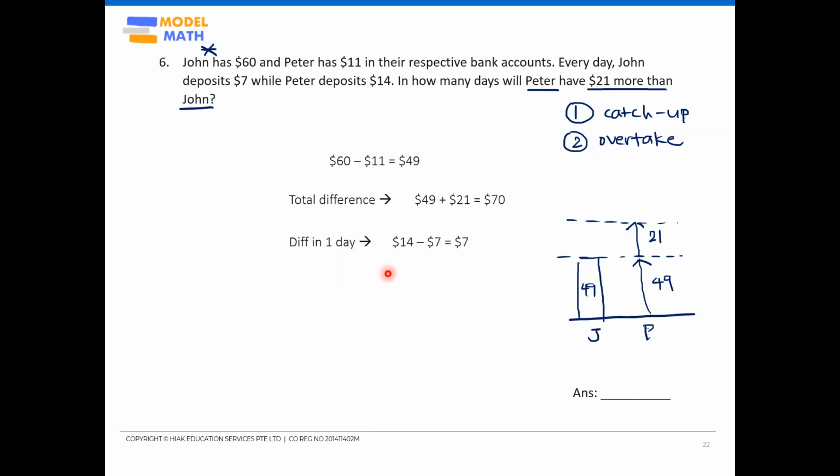So Peter per day can catch up by $7. Altogether, how many days will it take him to overcome a difference of $70? That will be 70 divided by 7. So 10 days for him to achieve this target, which also means 10 days for him to eventually have $21 more than John.